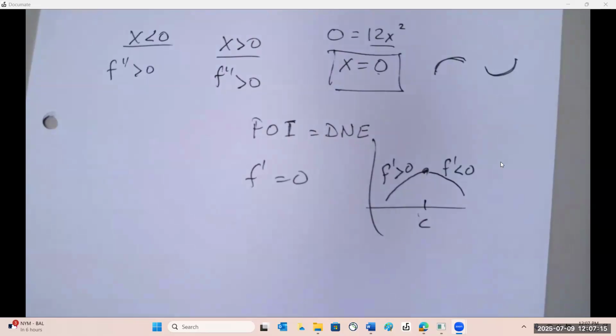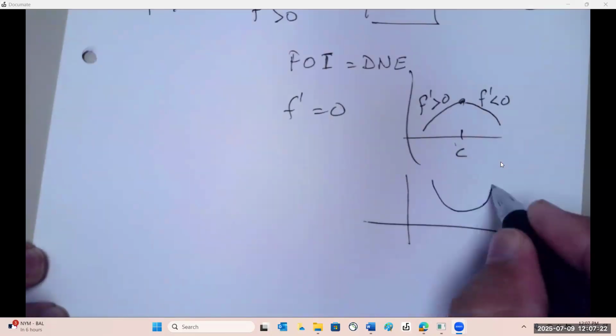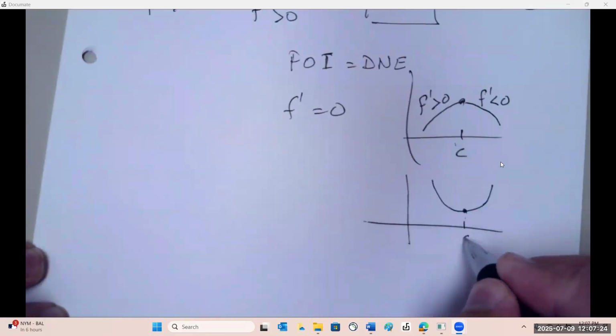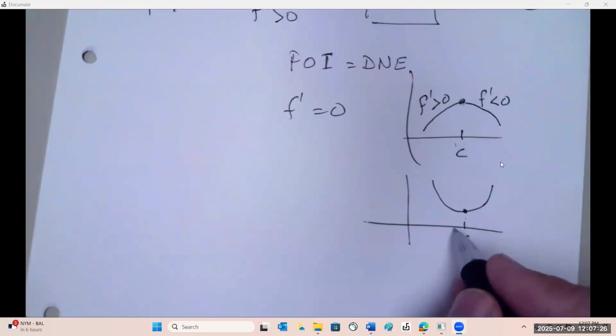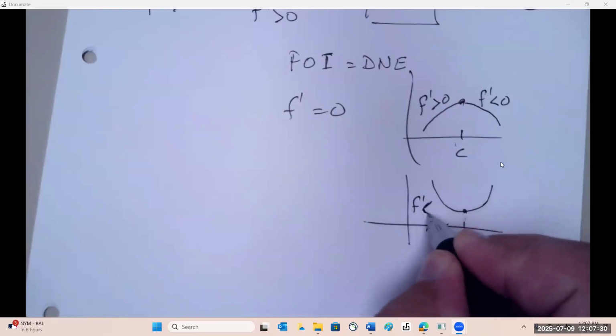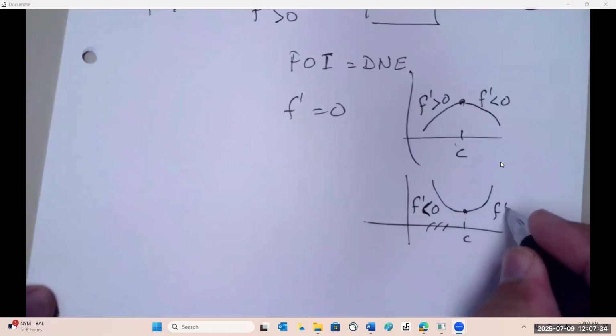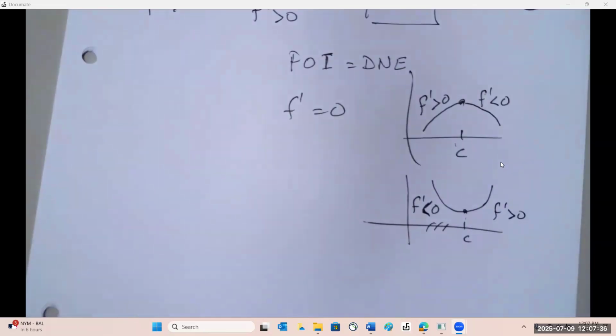That just goes with the definitions of what maxima and minima are about. If it's a minimum at C, for all the points to the left of it, the first derivative has to be negative, and on the other side, the first derivative has to be positive. So we have to not only trust the numbers we're getting, we have to verify the numbers by proving the definition of what we're looking at.